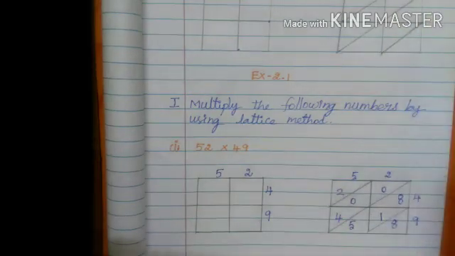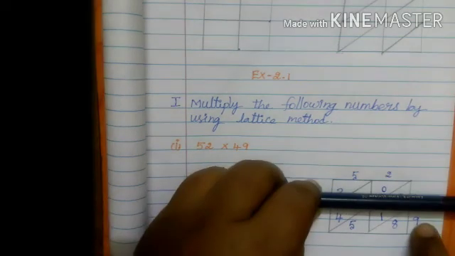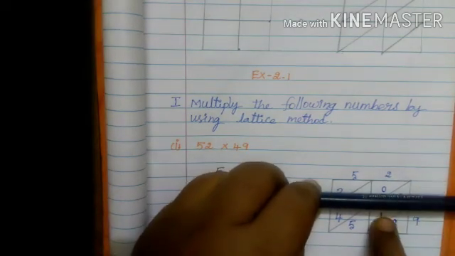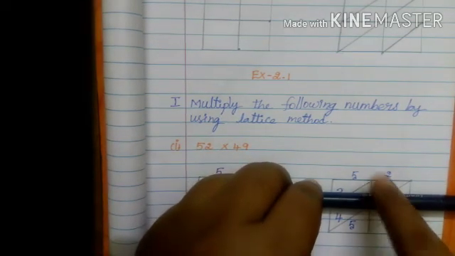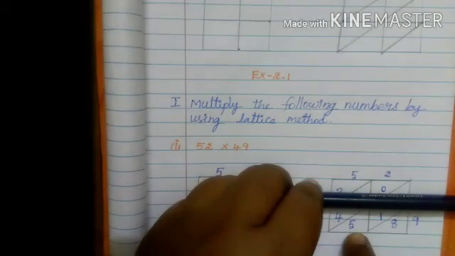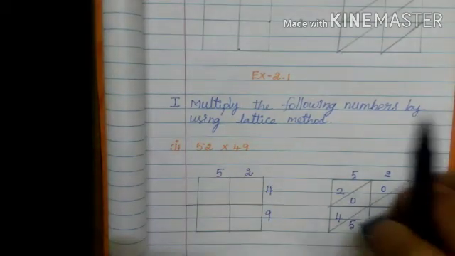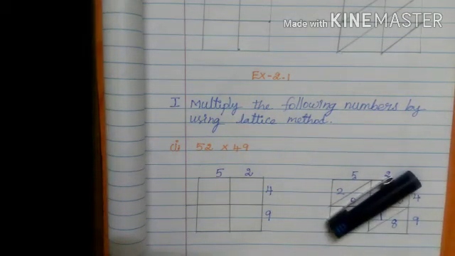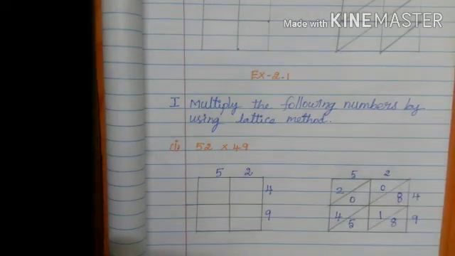Then next you do 9 2s are 18. 9 5s are 45. Then you start to do the addition. How to get the answer? Finally you do it. So multiplication is completed.